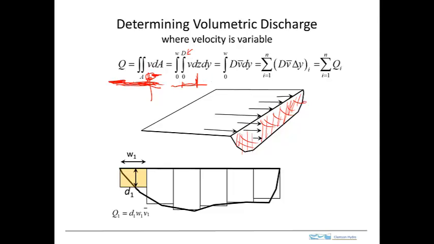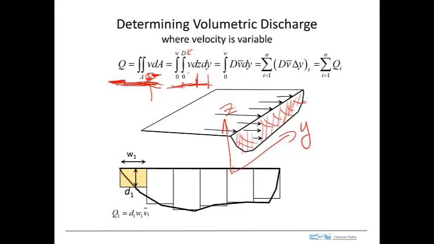And we're integrating the y coordinate, which is the width. So we would have a coordinate system like this, so this is y, and that's z. Okay, so we're integrating the velocity with respect to z and y. All right, so that's another way to look at it.